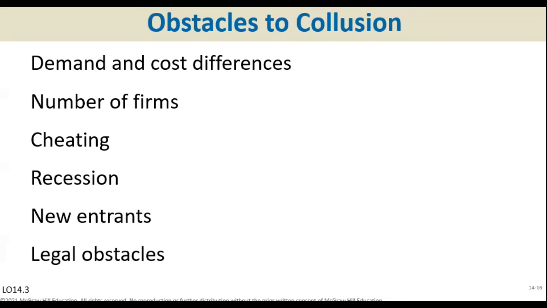Because they all have different demand and cost structures, it's difficult for members to maintain the same agreed price. And also, the more firms are included in the agreement, the harder it becomes to maintain the agreement.